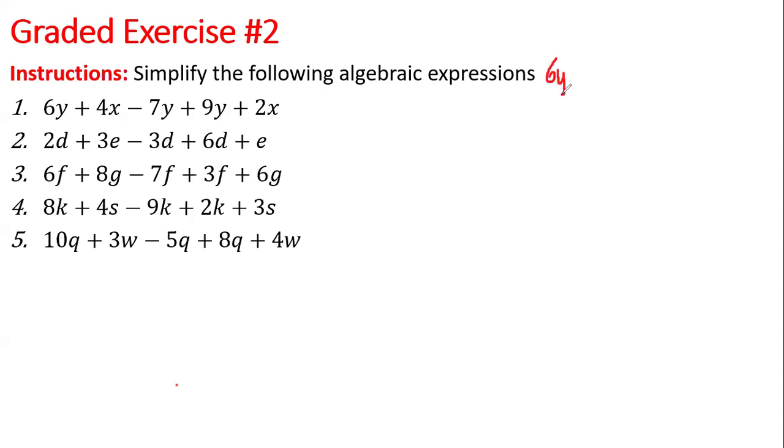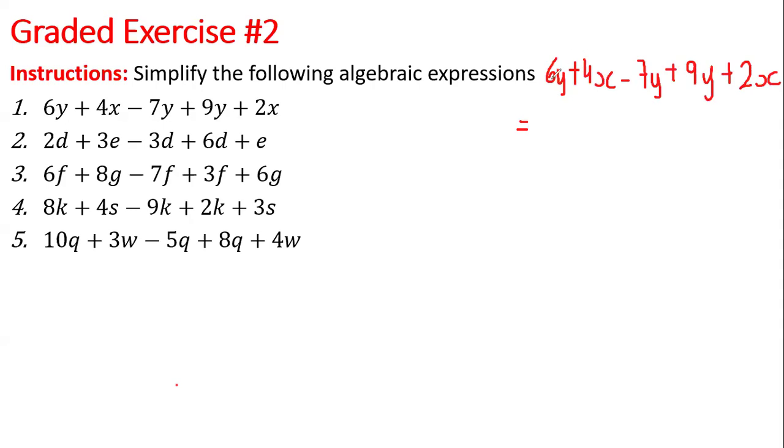So we have 6Y plus 4X minus 7Y plus 9Y plus 2X. And this is going to be equal to... We have to group all the like terms.